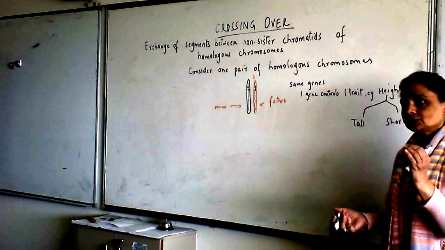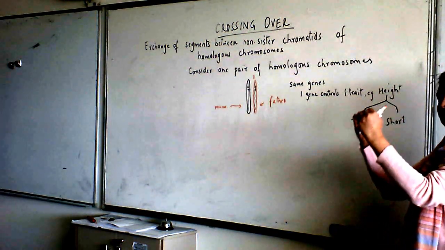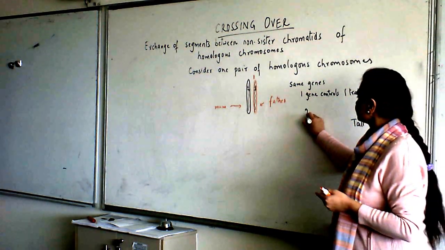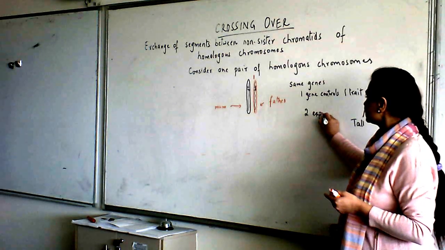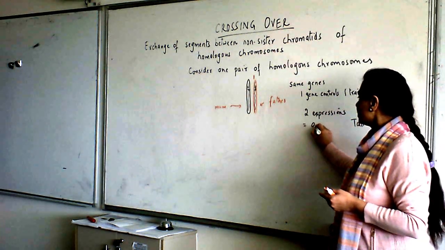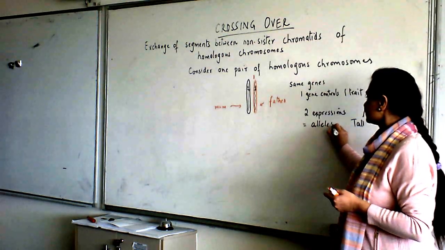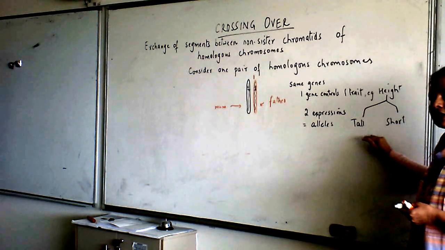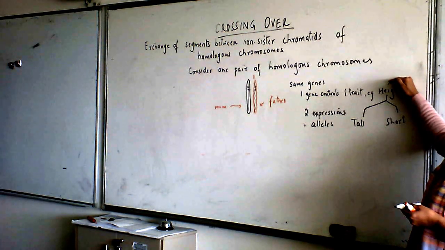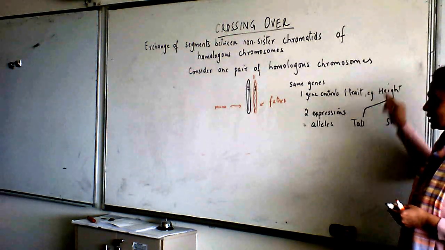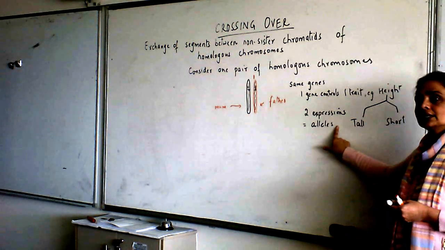So each trait can be expressed in two ways, and these two expressions of a gene are called alleles. So tall and short are the alleles for height. Height is the trait, tall and short are its alleles.